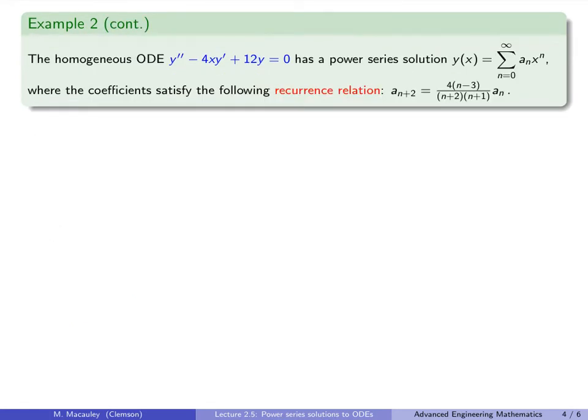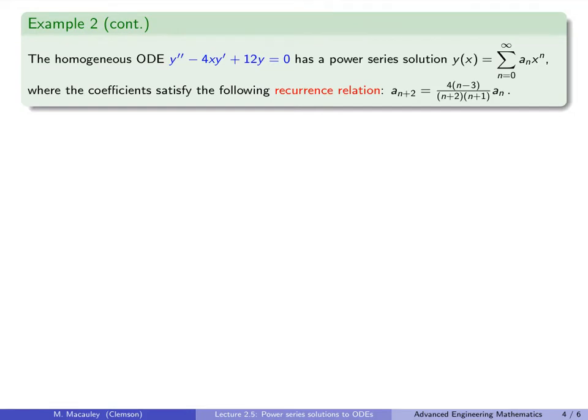Let's summarize where we are so far. We have this ODE that is not constant coefficients, because there's this x right here. We assume that this has a power series solution of the following form. So we take the derivatives of this and we plug it back in, and we get an x^n in both of these terms, but we only get an x^(n-2) in this first term, so we don't have an x squared in front of there to make up for that.